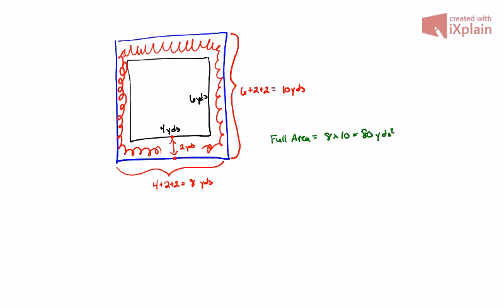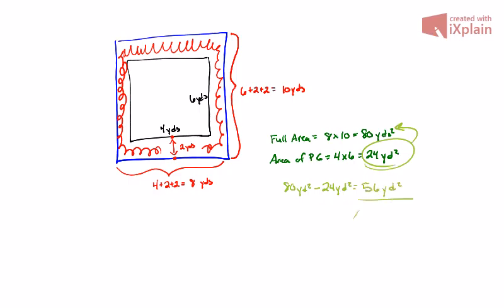But I know that the area of the playground is going to be 4 times 6, which is 24 square yards. So if I remove this 24 yards from the 80, I should get that 56 yards, which was stated in the problem as being the area of the sidewalk, or again, what I've sketched in red. So if we do 80 square yards minus 24 square yards, I do get 56 square yards. So this is the area of the sidewalk.